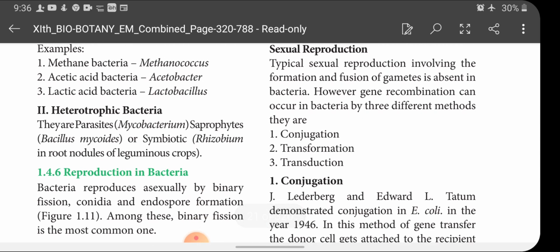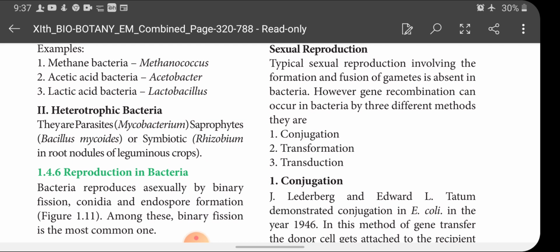Next, sexual reproduction. A typical sexual reproduction involving the formation and fusion of gametes is absent in bacteria. However, gene recombination can occur in bacteria by three different methods. They are called conjugation, transformation, and transduction. So you know very well, in a typical sexual reproduction, fusion of male and female gametes takes place, isn't it?